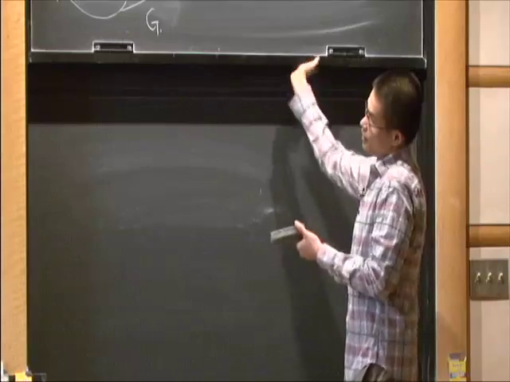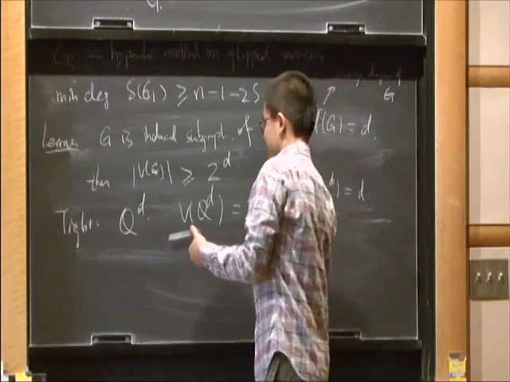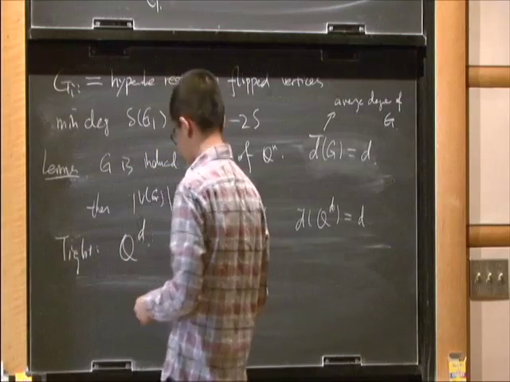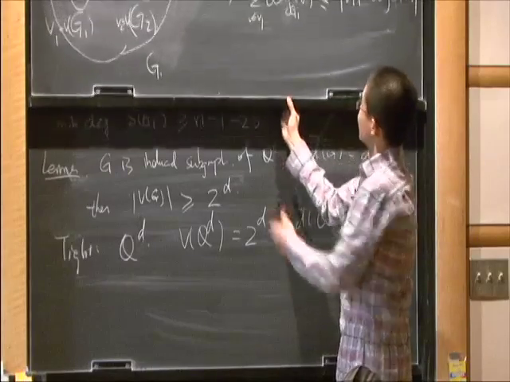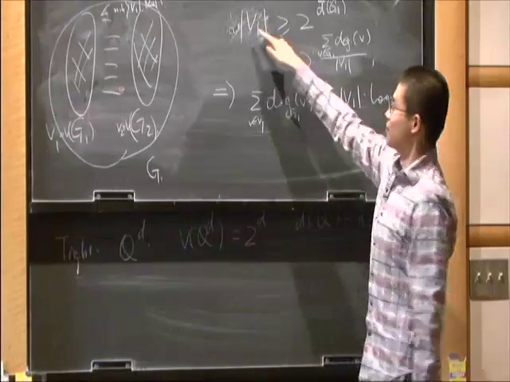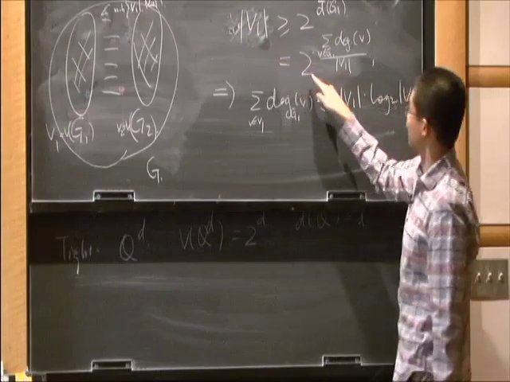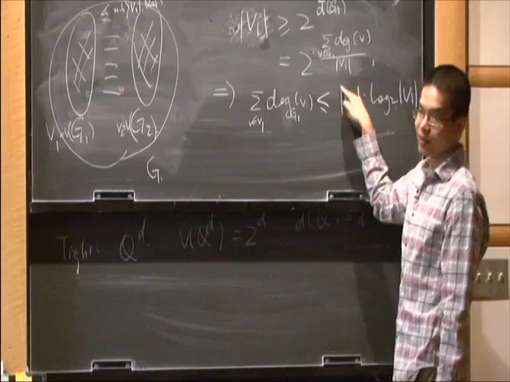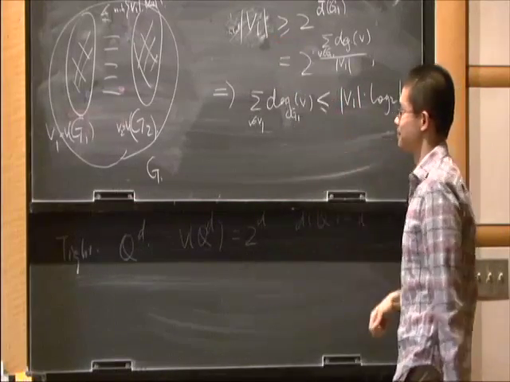So now, as you can see, we can start to estimate the total number of edges. Can you repeat why you have this degree bound? You basically take log of both sides, and you get log of V1 is greater than or equal to the sum of the degrees divided by V1, and then multiply both sides by V1.